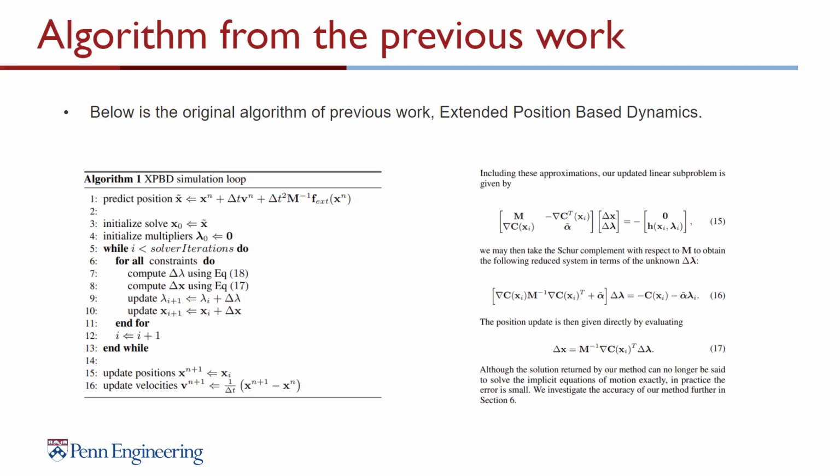How you calculate this updated position and updated lambda is like this, which is very simple. You get a lambda based on the inverse of this, and then you just matrix multiply, and you get a new position. So that's how you resolve the constraint.